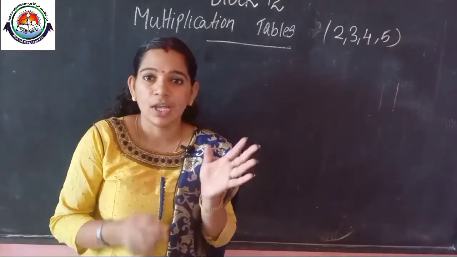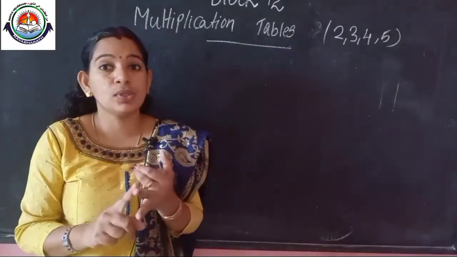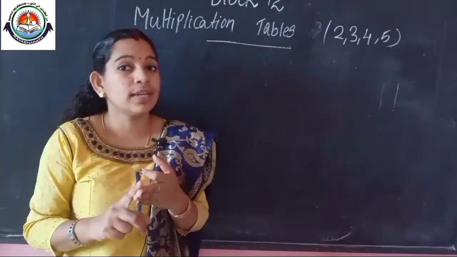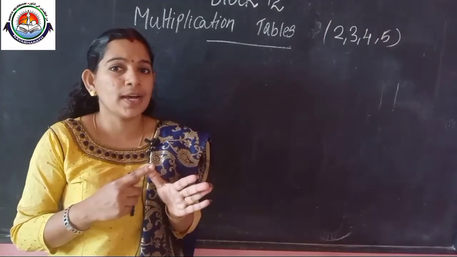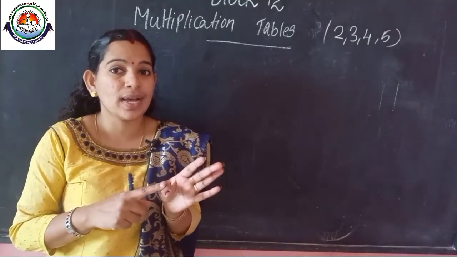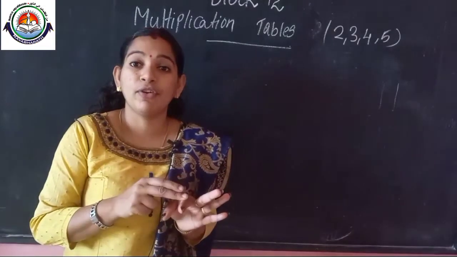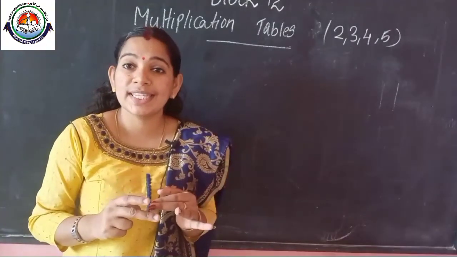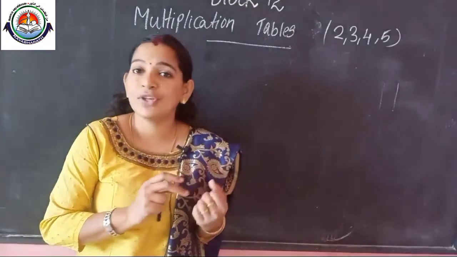We can revise. 1 2's are 2, 2 2's are 4, 3 2's are 6, 4 2's are 8, 5 2's are 10, 6 2's are 12, 7 2's are 14, 8 2's are 16, 9 2's are 18 and 10 2's are 20.